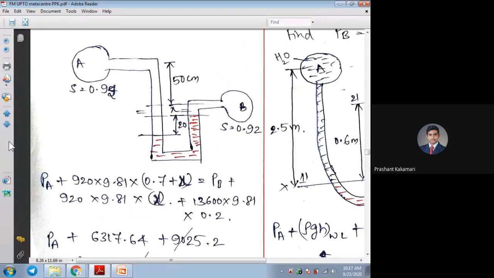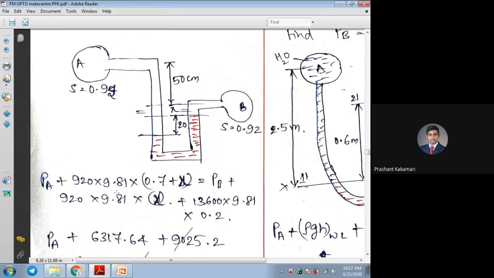But the easy way, as per my suggestion, is to divide this U-tube into two halves. Only one U-tube is present. I will make it exactly half at these lines, 50, 20, X, whatever the line is given. At that line, I will divide this manometer. Now I will take the left side of the differential manometer and the right side of the differential manometer, and in between I'll put an equal sign.